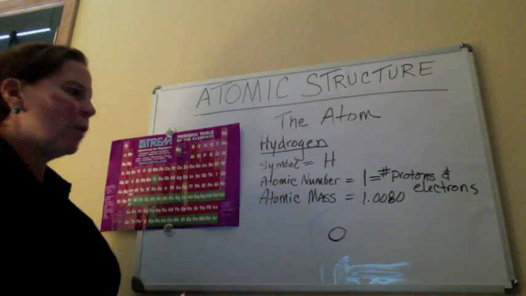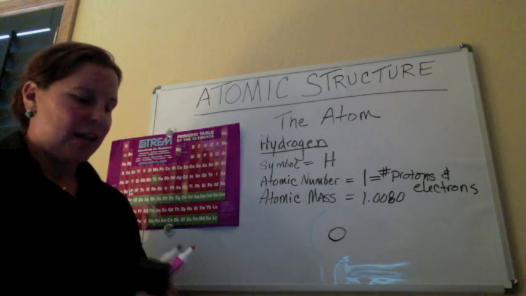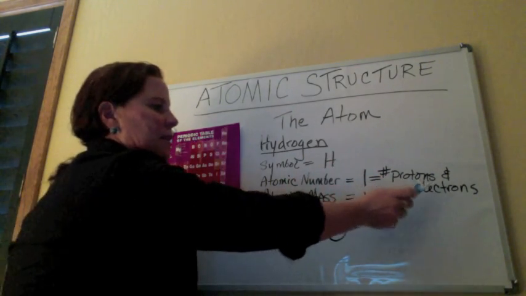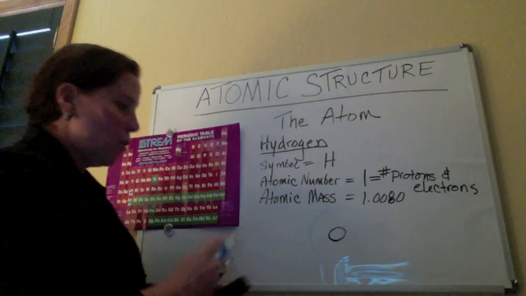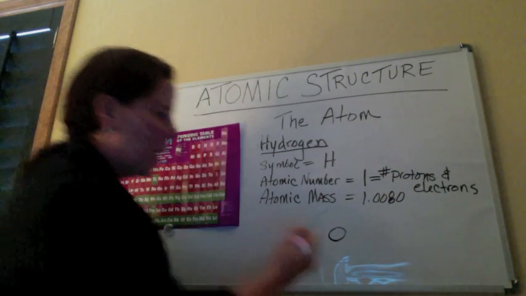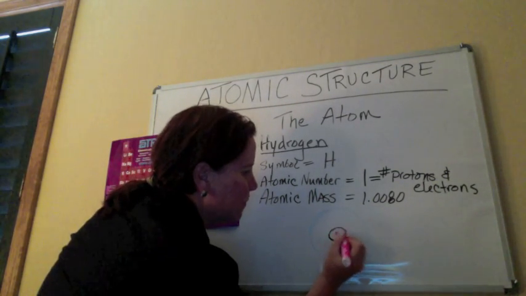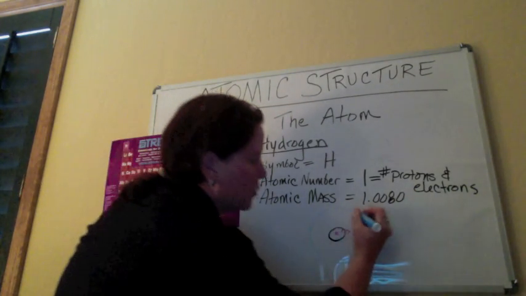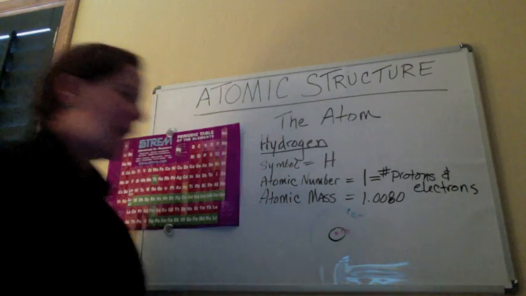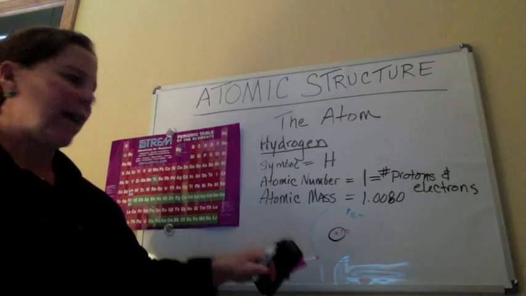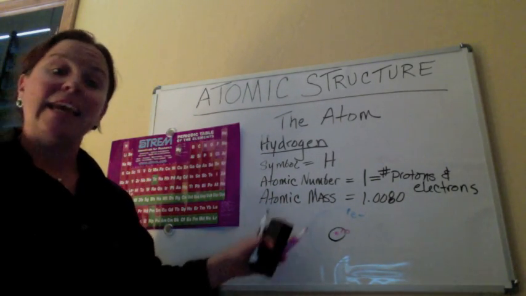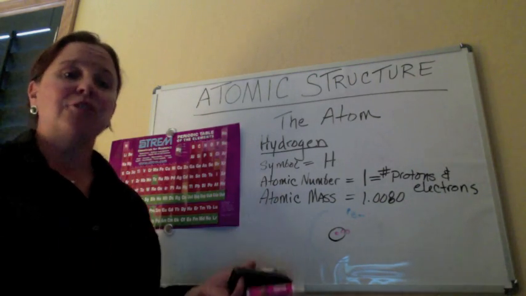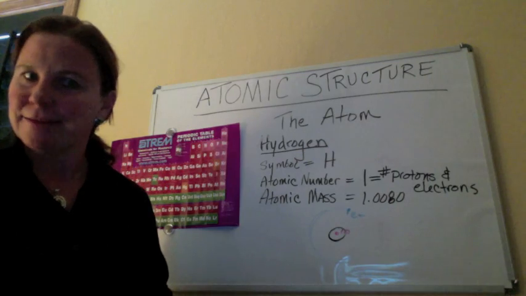So we know in hydrogen that 1 is the number of protons and 1 is the number of electrons. So we have 1 proton and 1 electron. And that is how we know we have hydrogen. Any atom that has 1 proton and 1 electron is a hydrogen atom. Okay? Does that make sense?